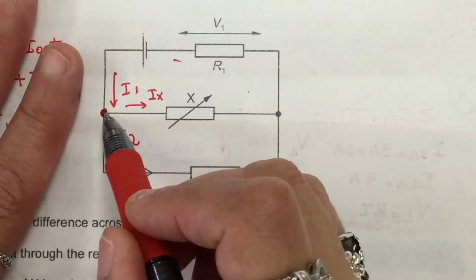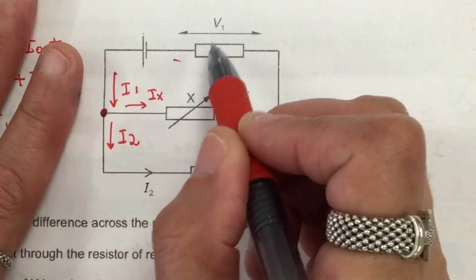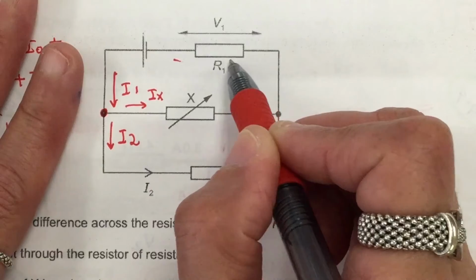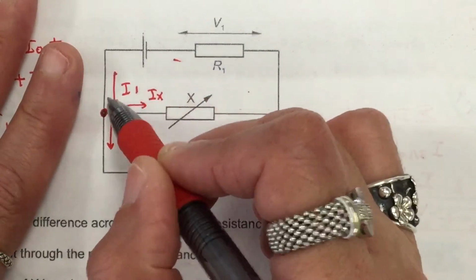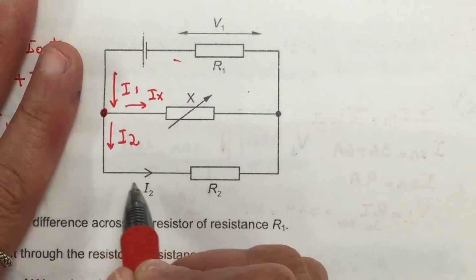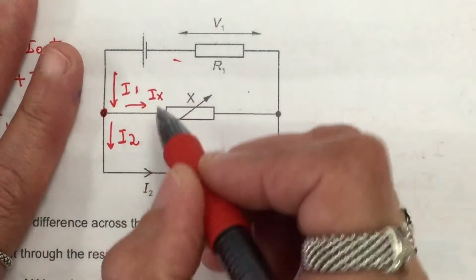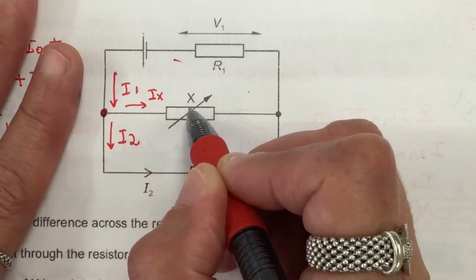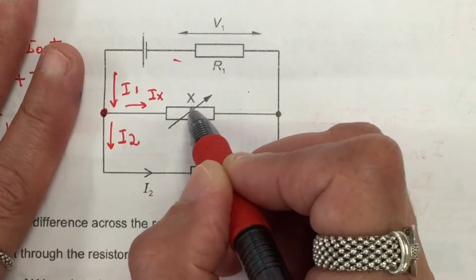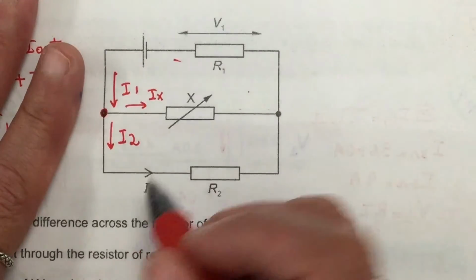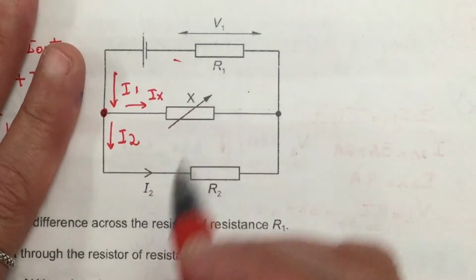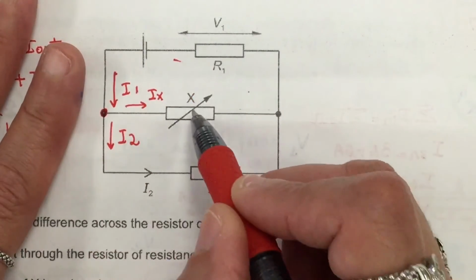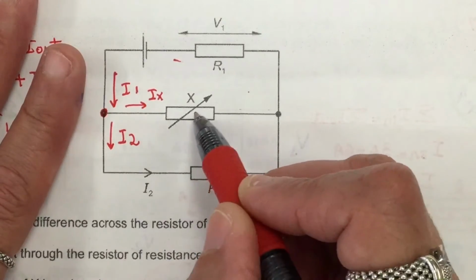Let's take a look at this junction. So here is I1, because that's the current that is flowing through the R1 resistor. This is our I2, and this is our IX, the current that is flowing through this variable resistor X. Now the problem states what's going to happen to I2 when this resistor is reduced.